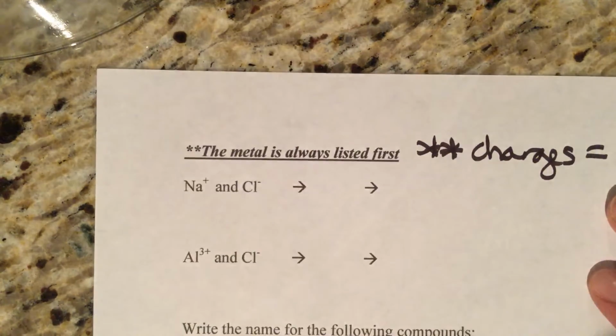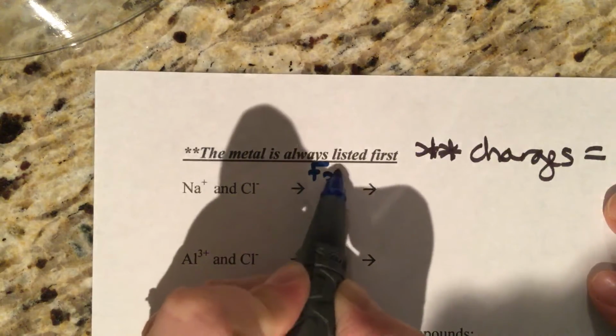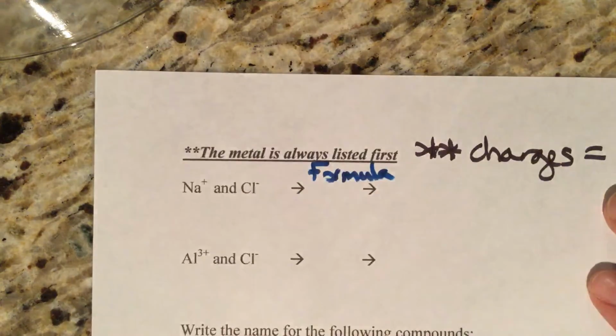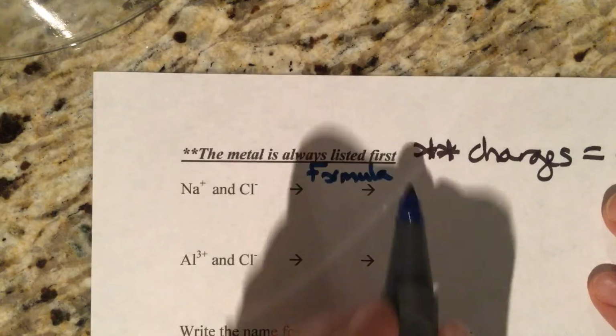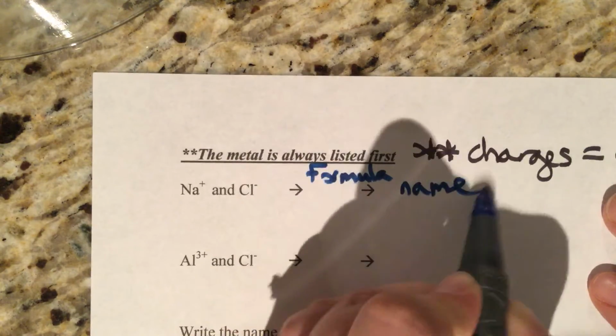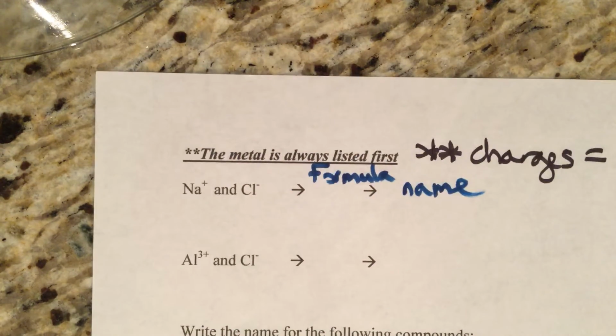This is going to be our formula for the first column, and then the name afterwards. It all boils down to getting a 0 charge.